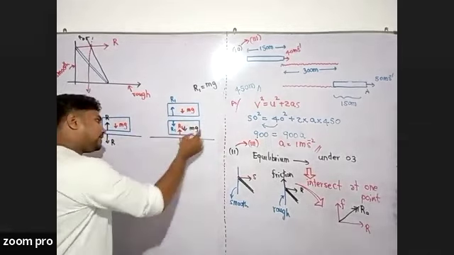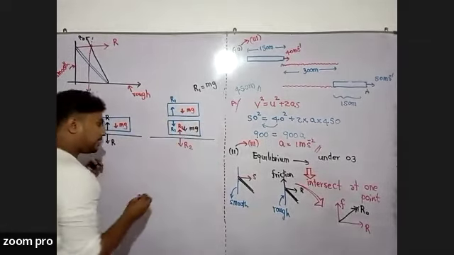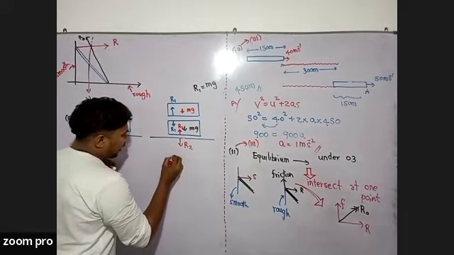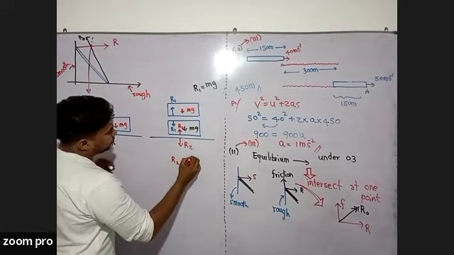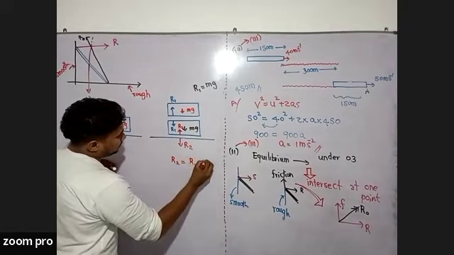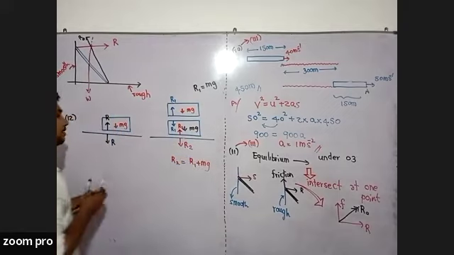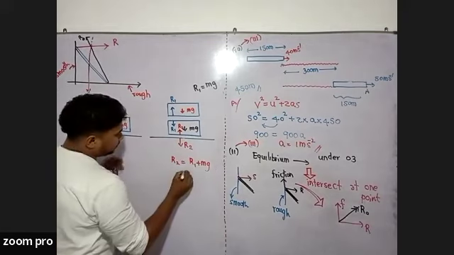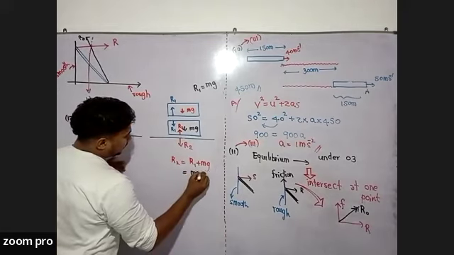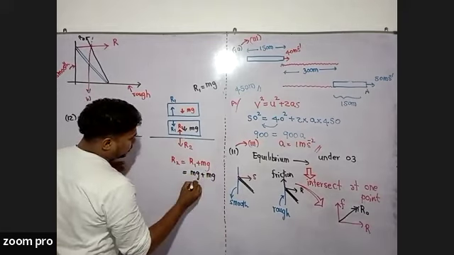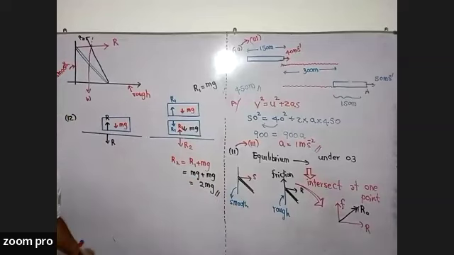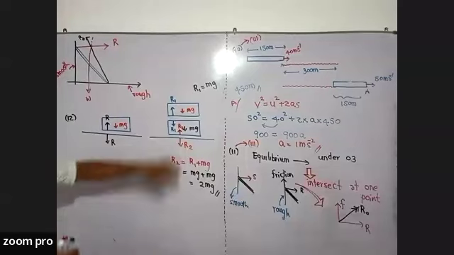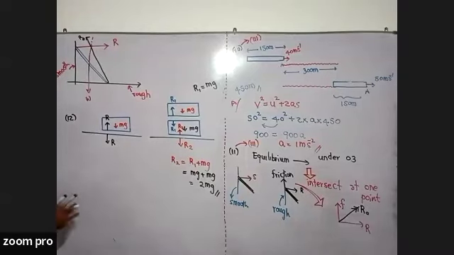If we consider the equilibrium state of this object, we can mention that R2, which is exerted in the vertically upward direction, equals R1 plus mg, right? If I substitute R1 as mg, then I can obtain that R2 equals 2mg, right? So these are some basic theories. Okay, let's move on to the other thing.